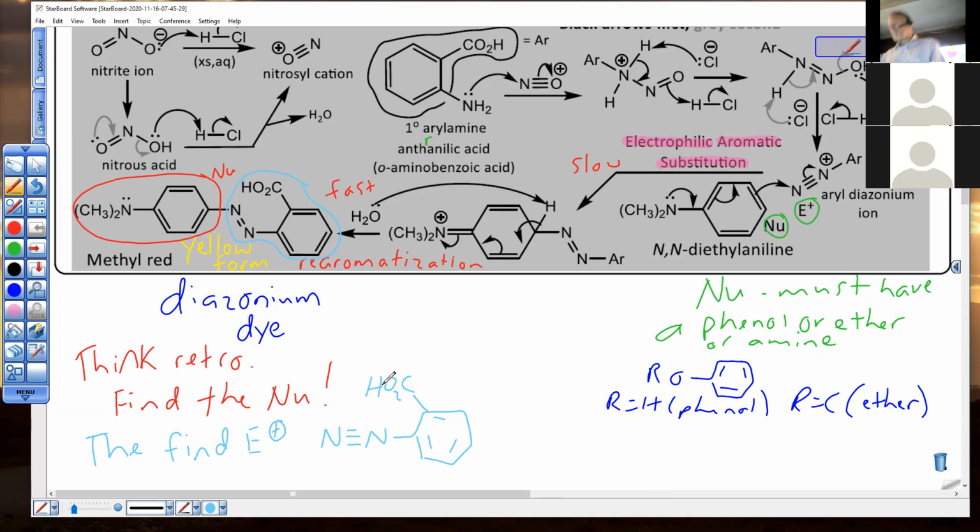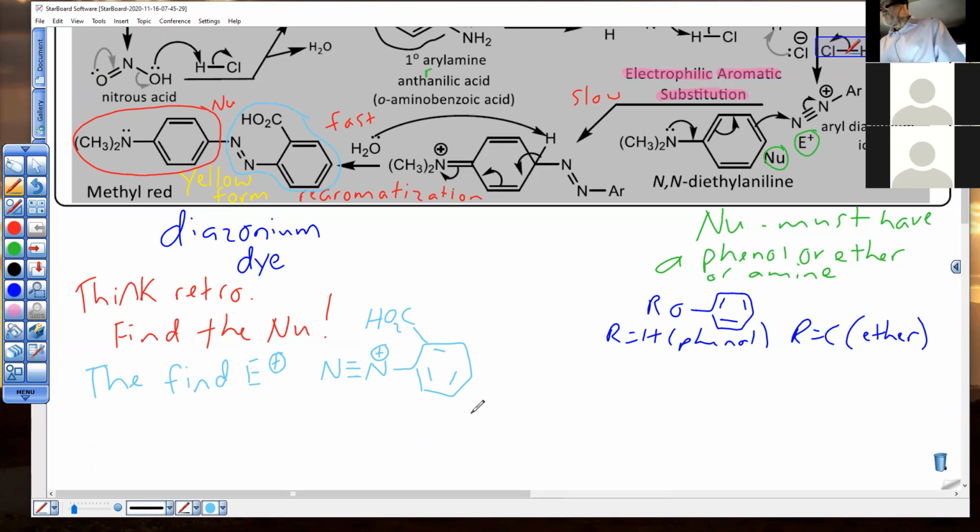Oh, formal charge. Which one of those nitrogens has a formal charge? The one on the left has 3 bonds and a lone pair. That's normal nitrogen. The one in the middle has 4 bonds. That's a cation. We call it a diazonium ion because there's 2 nitrogens in it. That's our electrophile.